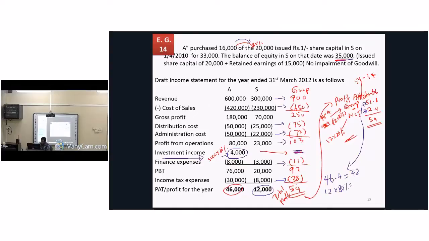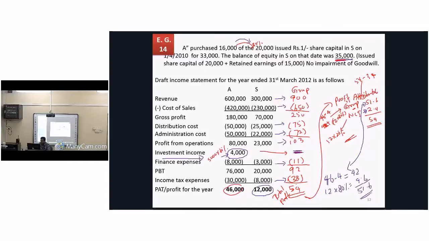It is how much? 9.6. It is 51.6. That's how we take profit attributable to parent. Nice. So it is done.